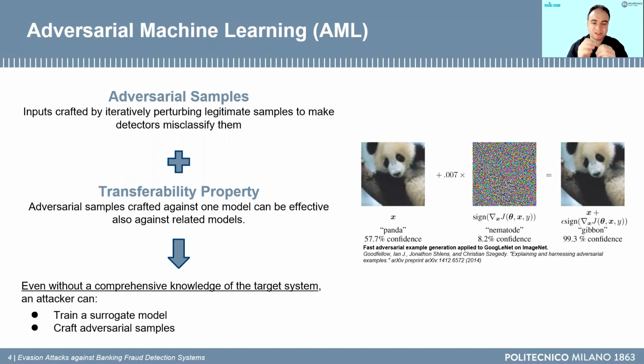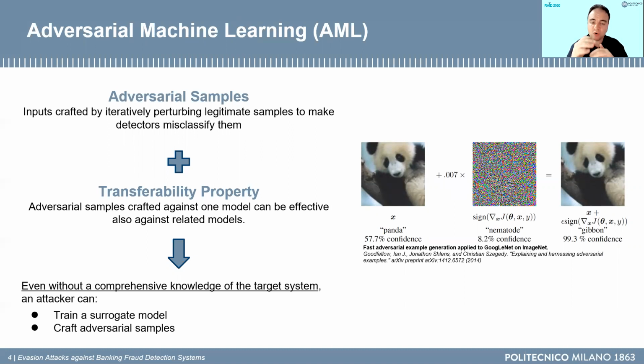Also, due to the transferability property, an attack against a machine learning model, so an undesired sample crafted against one model, can be effective also against another related but potentially unknown model. Therefore, an attacker, even without comprehensive knowledge of a target detection system, can attack it by training a surrogate model and creating adversarial samples.